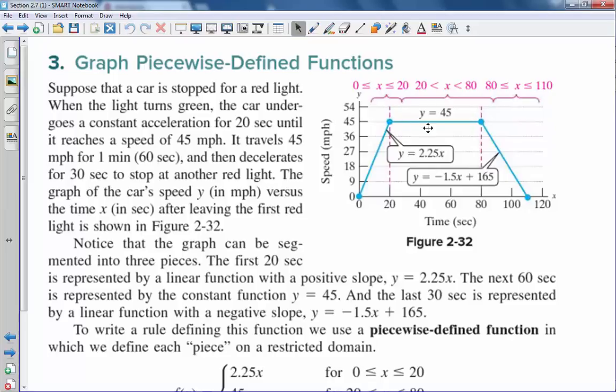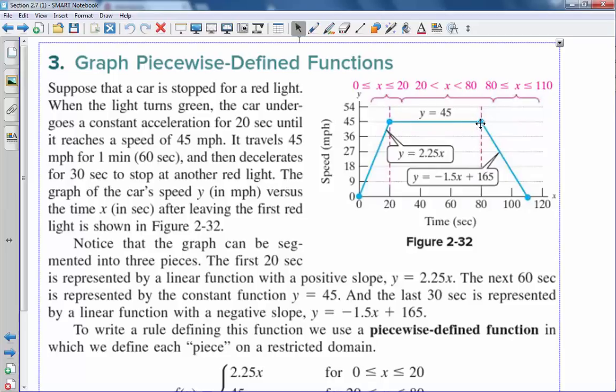Let's say the speed limit is 45 and you shouldn't be exceeding it, so you go constant speed for a while, right? Like how many seconds? 1 minute you go constant speed, and then you slow down, and in the parking lot you need to stop and zero speed, right? So as you see, it can be described by three pieces of line.